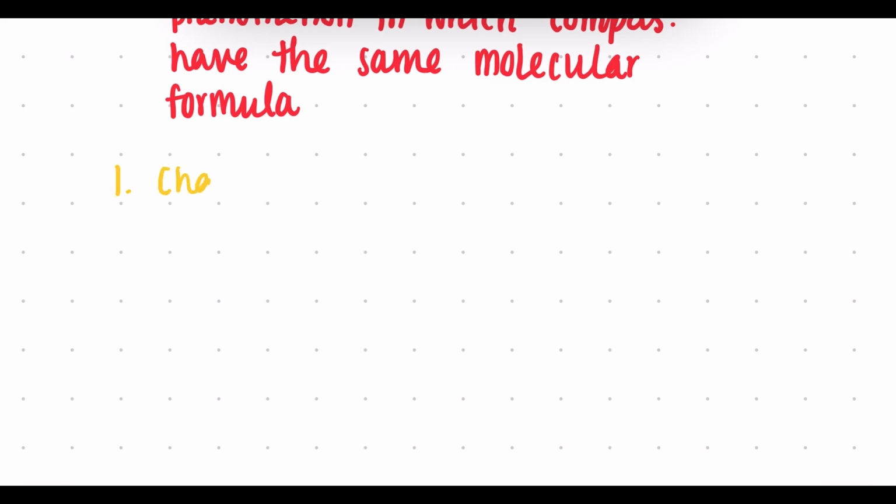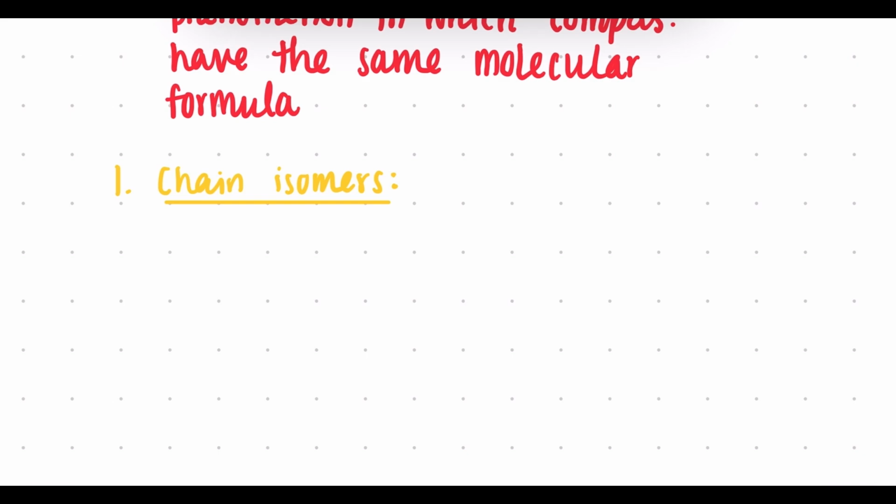As the name suggests, these isomers differ in their parent chain. So basically a difference in the parent chain of two or more compounds would give us chain isomers.